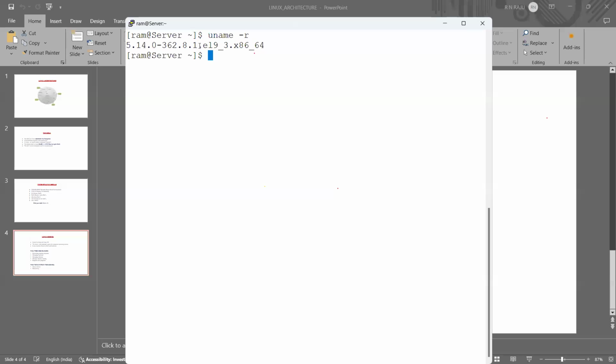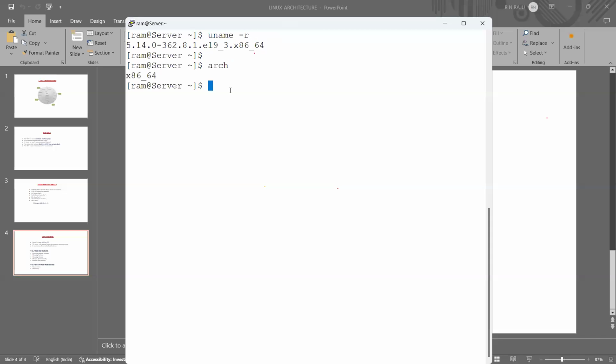Then it is el9. El9 means this operating system is Enterprise Linux 9, Red Hat Enterprise Linux 9. That is the meaning. And now the architecture is 64-bit or 32-bit? This is called a 64-bit OS, because the architecture is x86_64. If you want to know the architecture of the OS, you can enter the arch command.